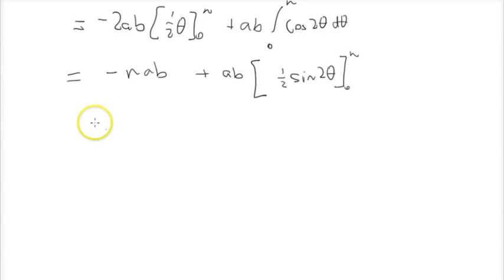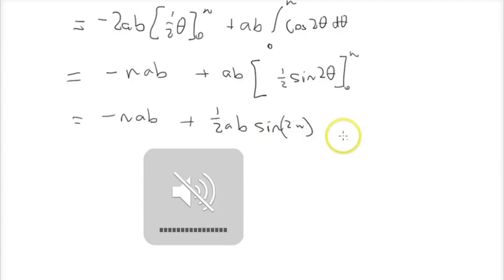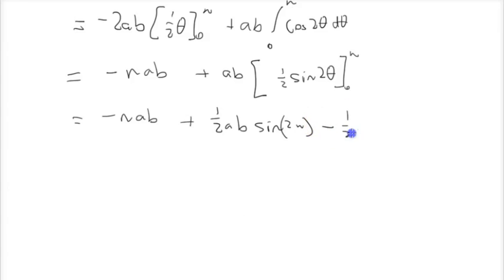So now we can come down further. We're going to get a negative pi ab plus 1/2 ab sine 2 pi, because we plug in for the pi, minus 1/2 ab sine of 0.